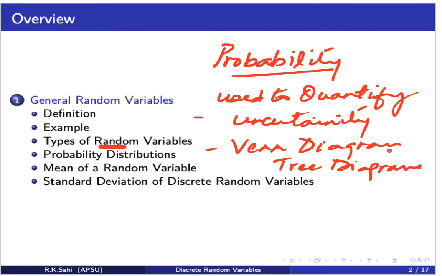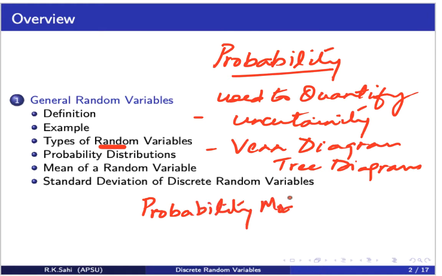Now, here we are going to look at some probability models. In a probability model, we would like to describe the distribution of the values of a variable. So as I said, we're going to look at some probability models.